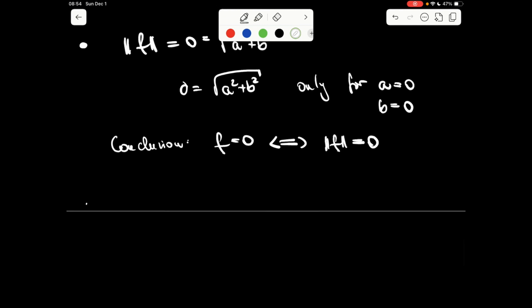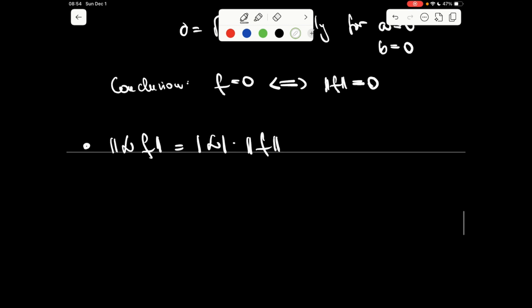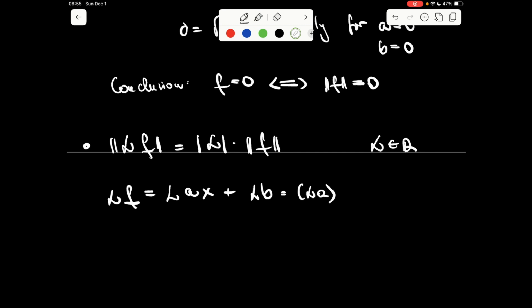All right, second, linearity. This is the second property to be a norm. Let's check this. What does it mean? It means that we multiply both terms in the function with a real constant, and consequently we have a function of this form.